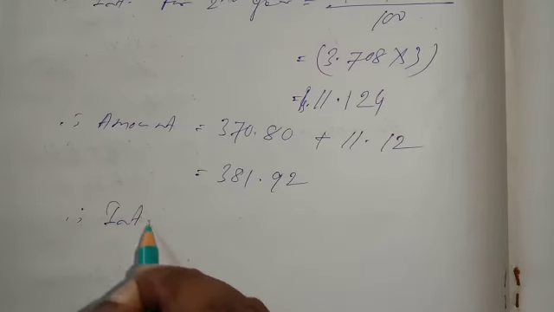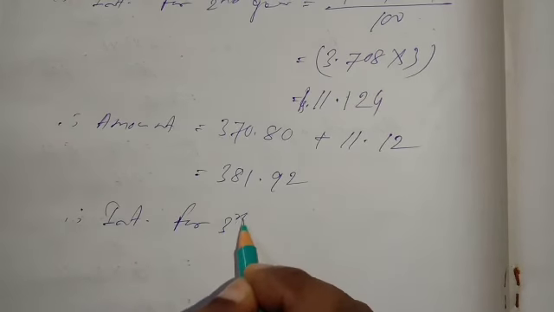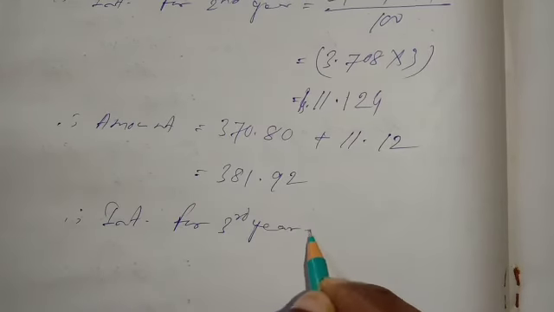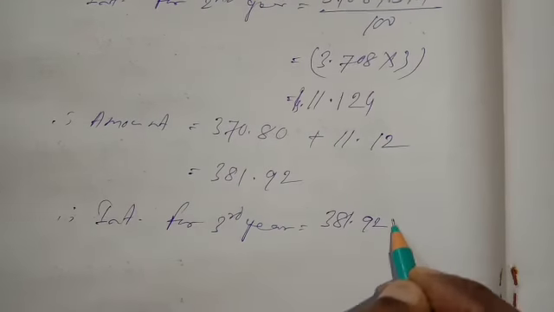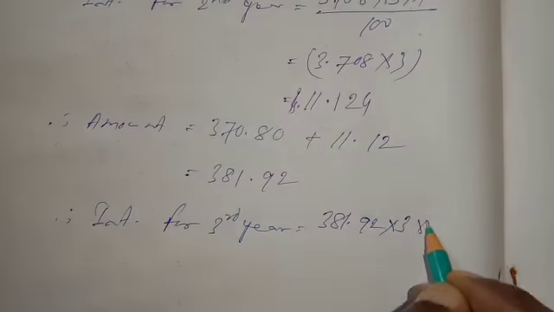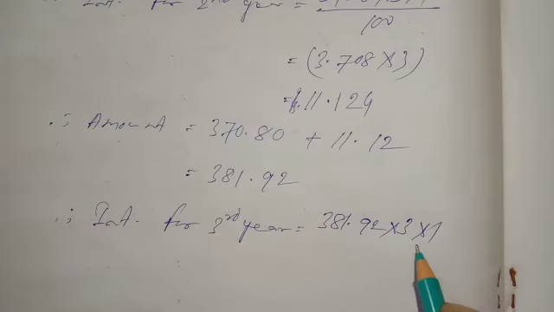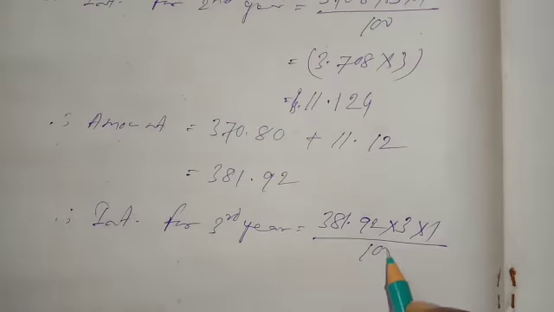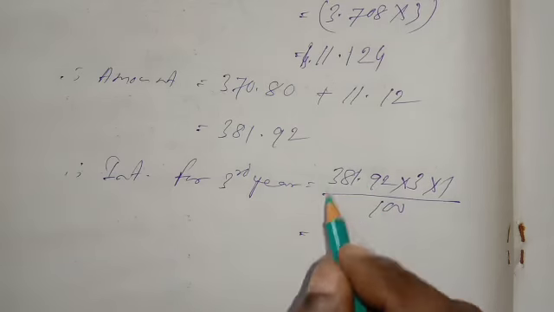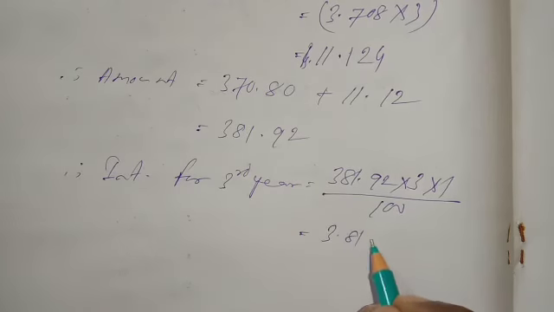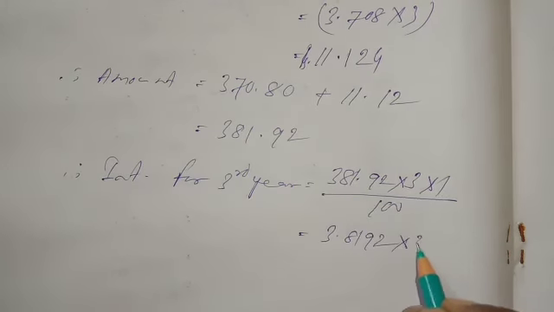Therefore interest for third year will be 381.92 into rate into time divided by 100, PRT by 100. If you divide, the point will be 3.8192 into 3.